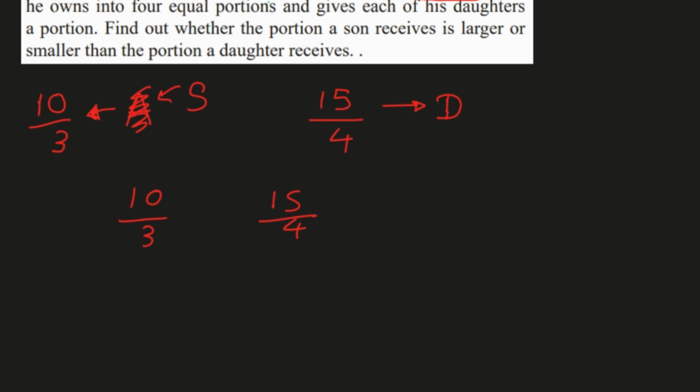So in that case, you need to find the LCM of 3 and 4, because in order to compare two fractions, you need to make their denominators equal. That equal value is what you call the LCM. The easiest way in such cases is to multiply 3 by 4 and 4 by 3. So then it would become 12.